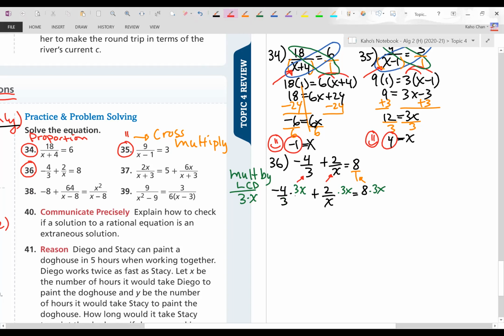Yay. Second half, x's cancel. The fractions are no longer there. Brilliant, huh? Clean up the rest. Negative 4 times x, 2 times 3, and 8 times 3x. Okay? Add 4x to both sides. We're trying to combine like terms here now. We're going to undo and solve for x.